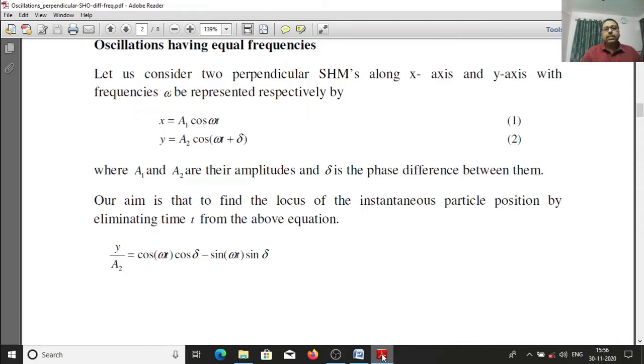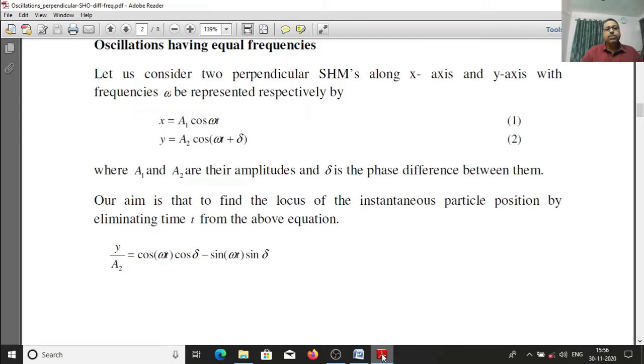The first is along the x-axis and the second perpendicularly along the y-axis. a1 and a2 are their amplitudes, omega is the angular frequency, and delta is the phase difference between them.